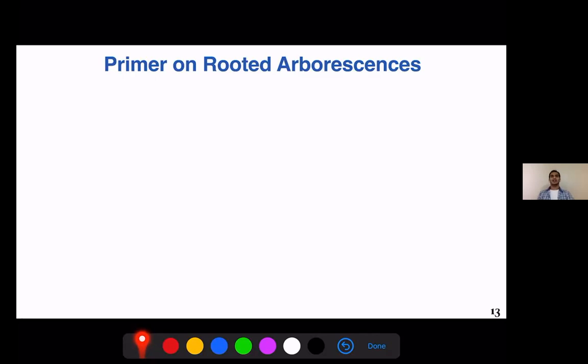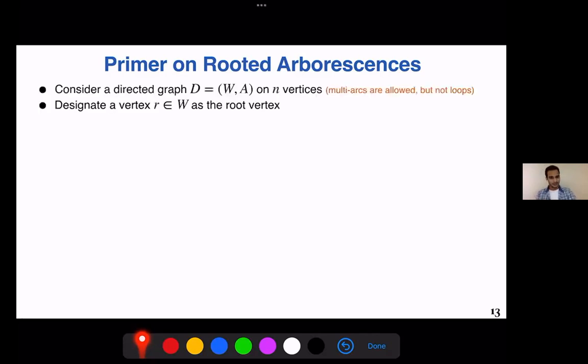Okay. To understand our arborescence-based algorithms, it is helpful to give a gentle introduction on arborescences. Consider a directed graph D on n vertices. Let's designate a vertex R in this digraph as the root vertex.